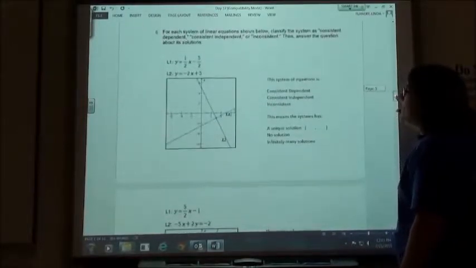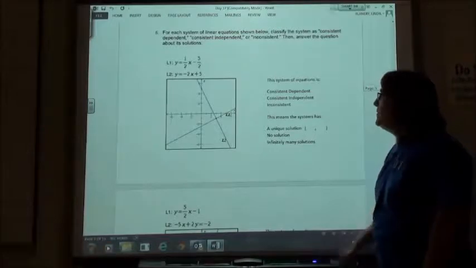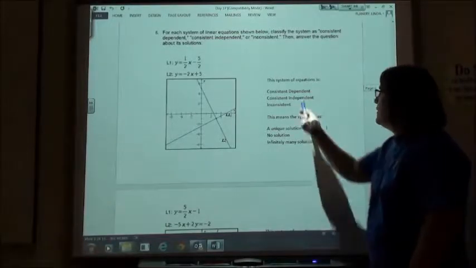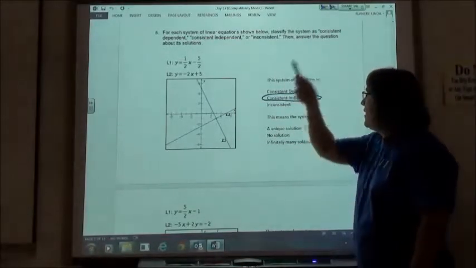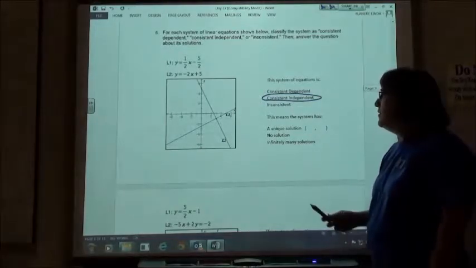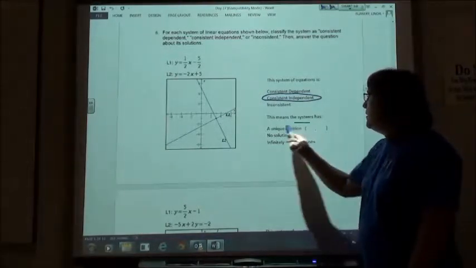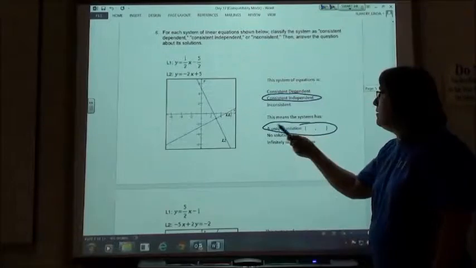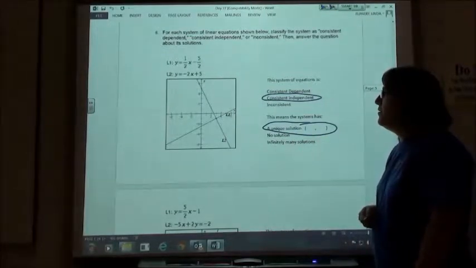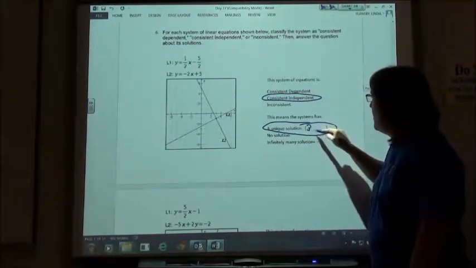Number 6. The first one would be consistent independent, and it would have a unique solution at 3, negative 1.